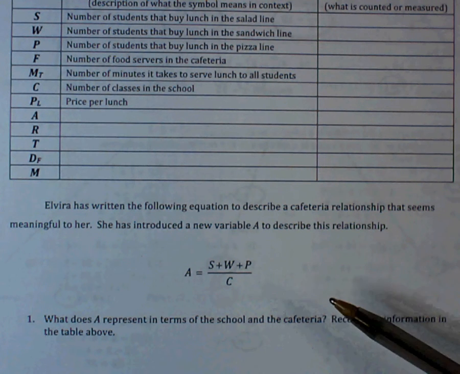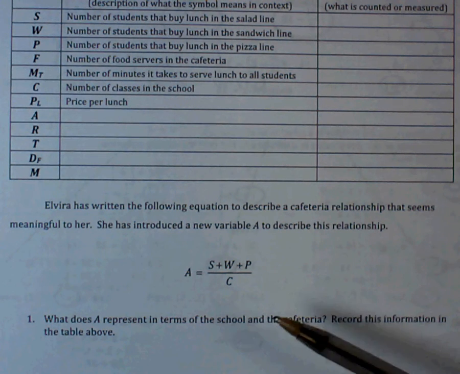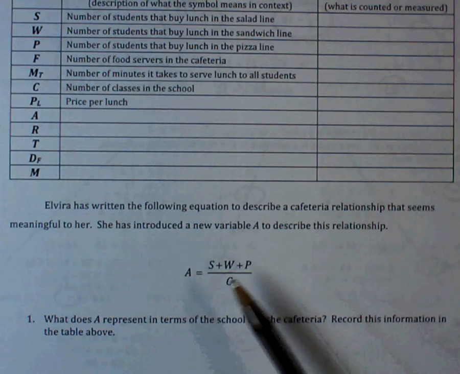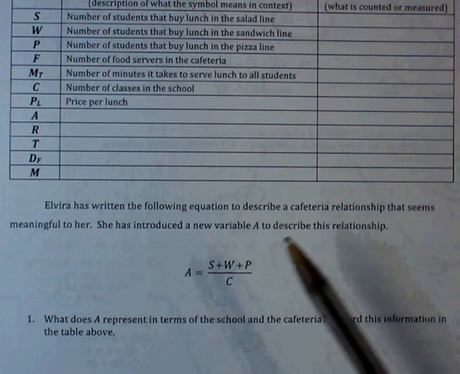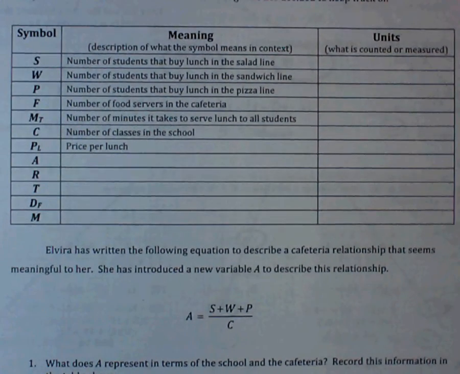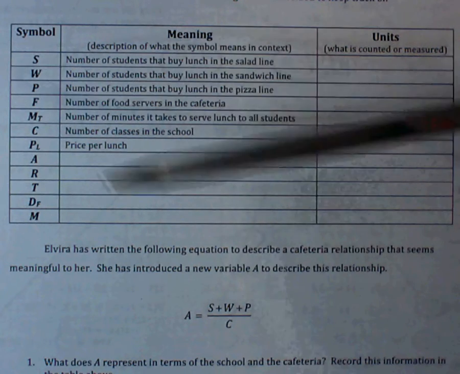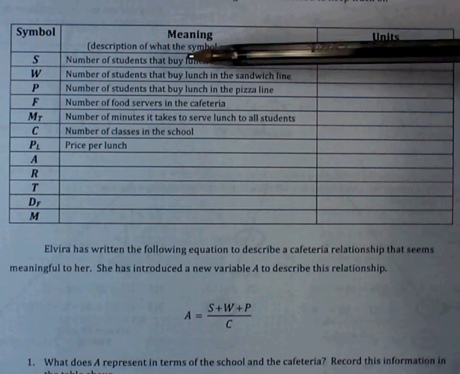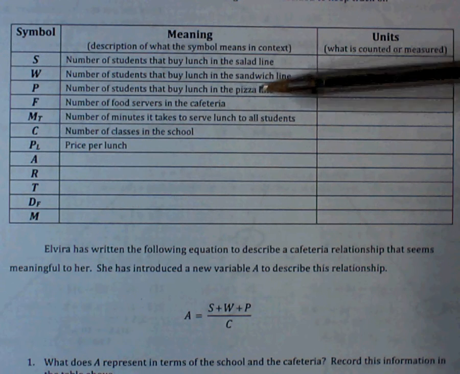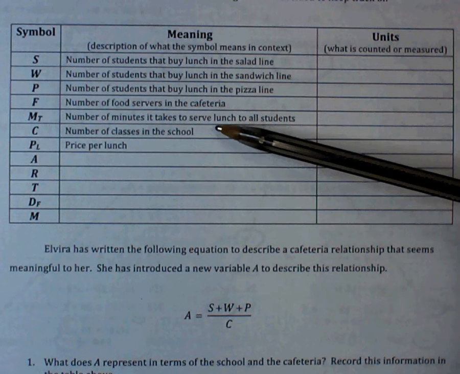You still have to do the work. So this is a real life example. I personally am not very interested in this, but that's okay. I can still do it. So her variable A: she's adding S plus W plus P. So it's the students that buy lunch in the salad line, the sandwich line, and the pizza line. And she's dividing all of that by C, the number of classes in the school.